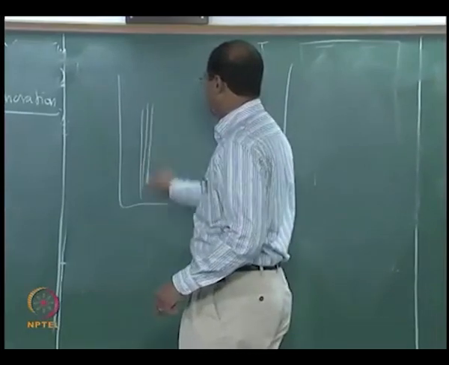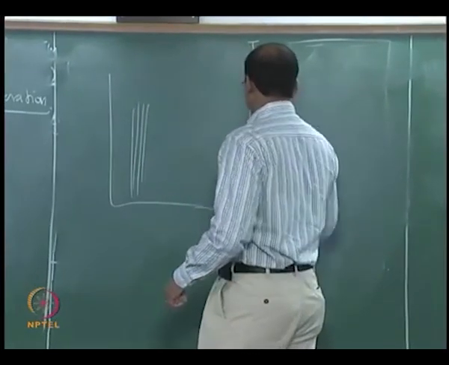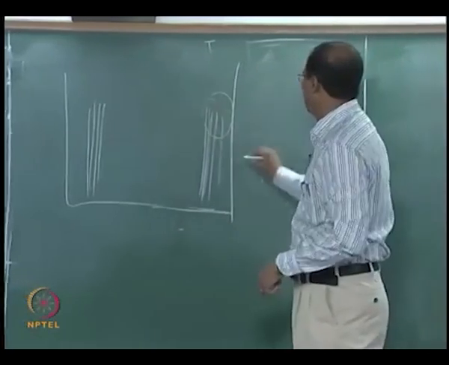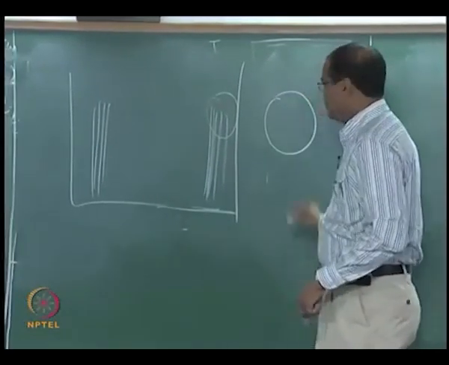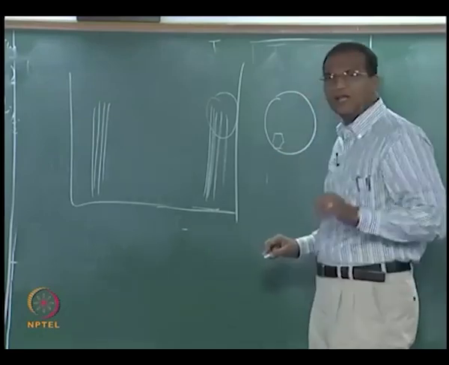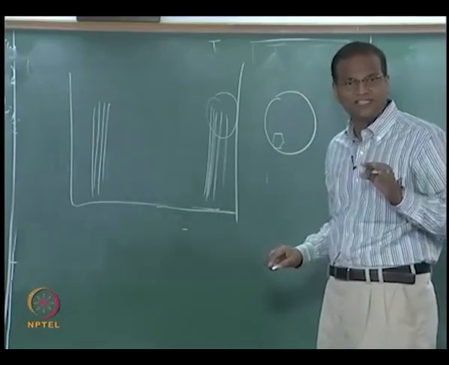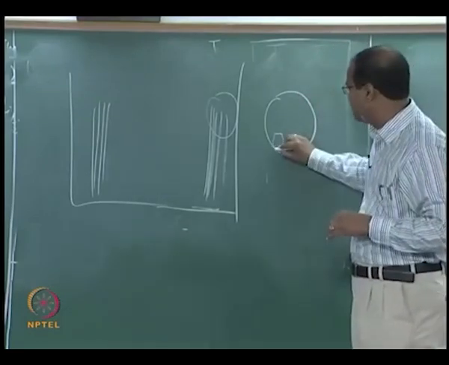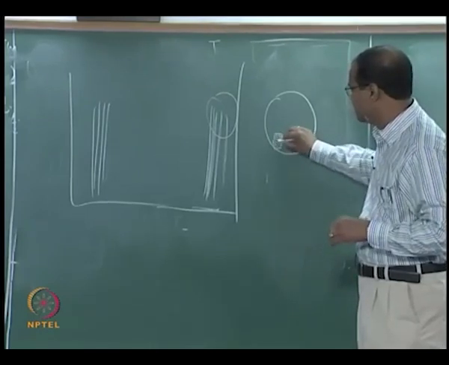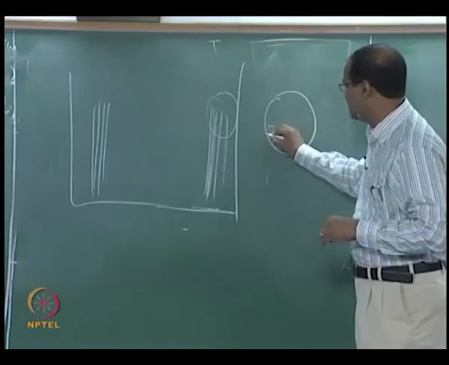You will have a lot of fuel rods like this. If you look at the top view, there will be what are called hexagonal fuel sub-assemblies, called SAs. In each of these hexagonal fuel assemblies there will be a lot of circular tubes, sheathed, and like that you will have several hexagonal assemblies.